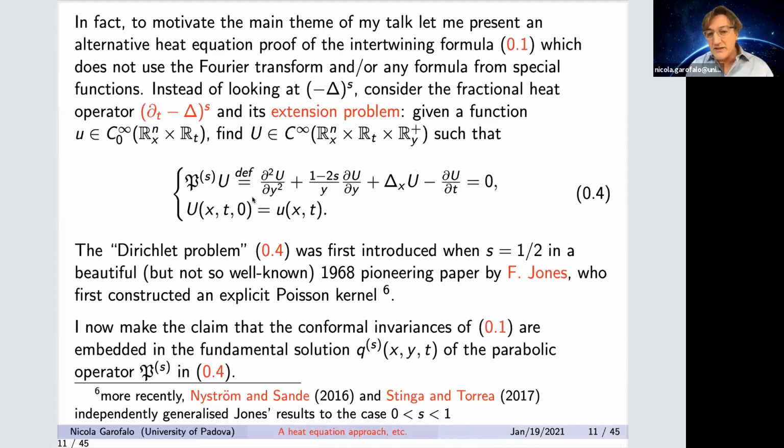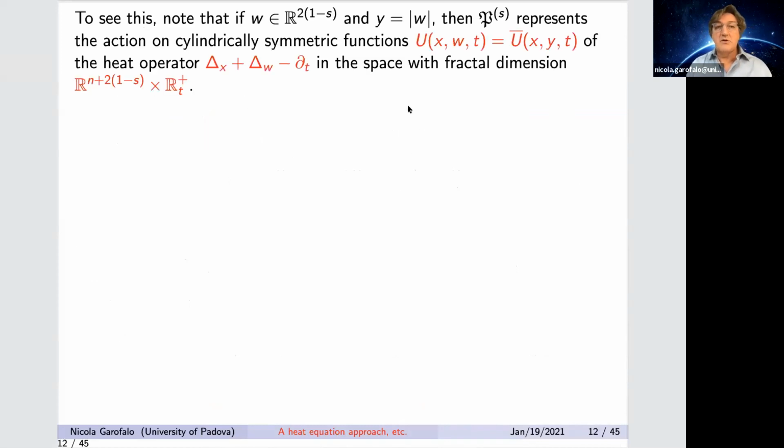So now if you look at this parabolic operator, you see that it is essentially a heat equation. Why? Because if we consider w to be a vector in the fractional space R^{2(1-s)}, and we take y to be the length of this vector w, then the operator P^s represents the action on functions with cylindrical symmetry.